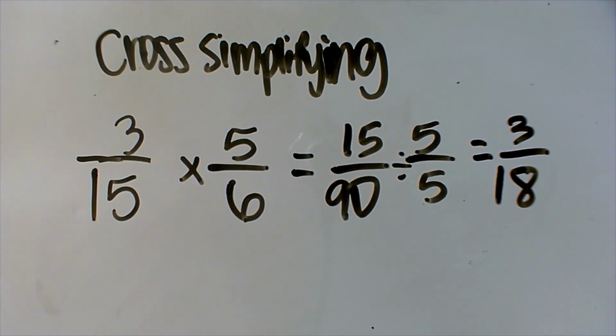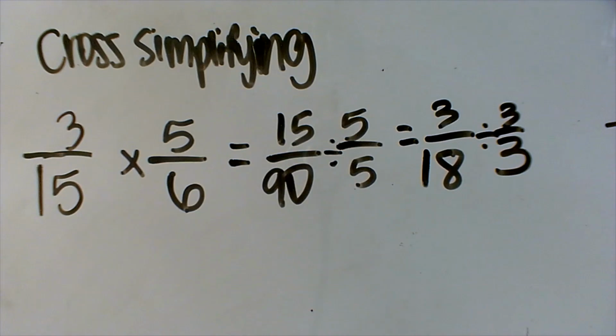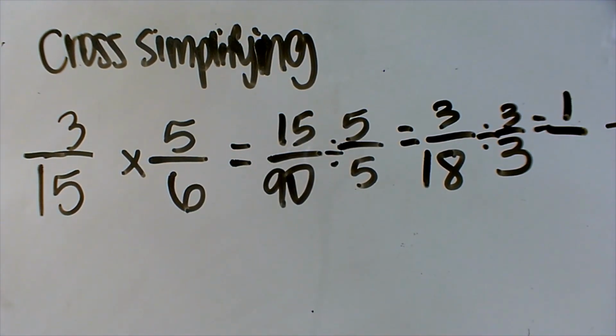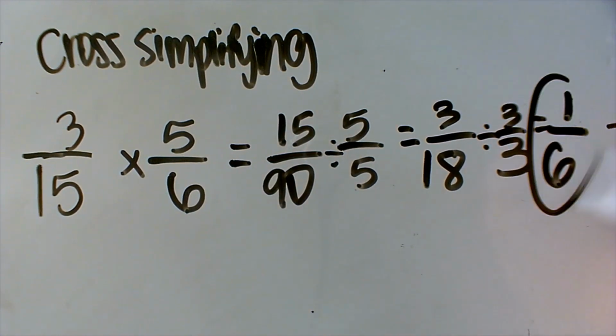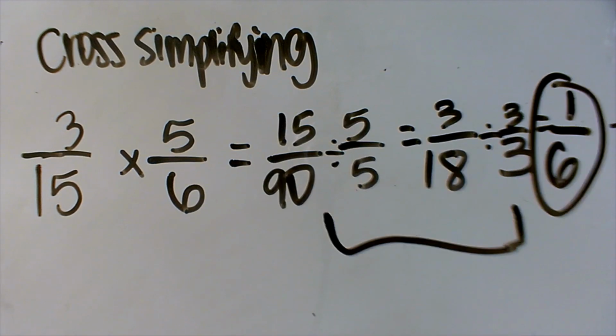Well, 3/18 is not simplified all the way, so I'm going to have to do it one more time. I could divide again by 3. When I do that, 3 divided by 3 gives me 1, and 18 divided by 3 leaves me with 6. So here I simplified 2 times to get the answer 1/6.